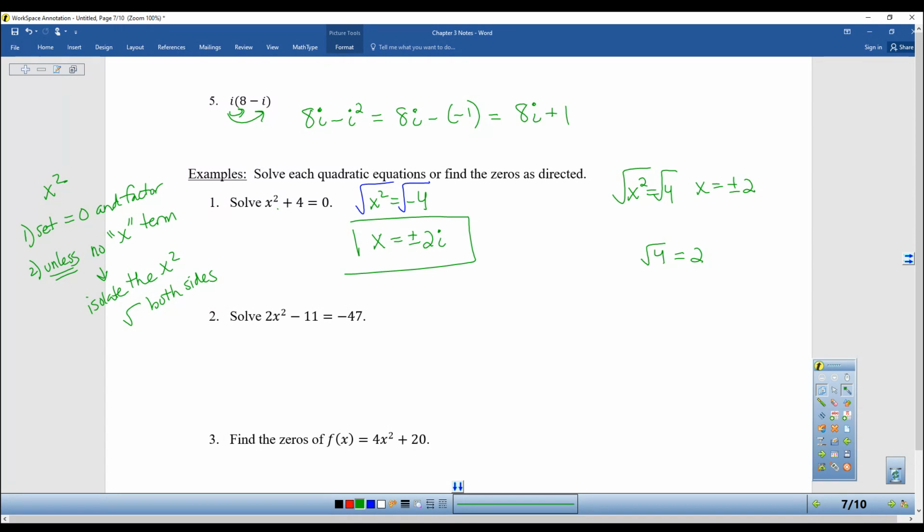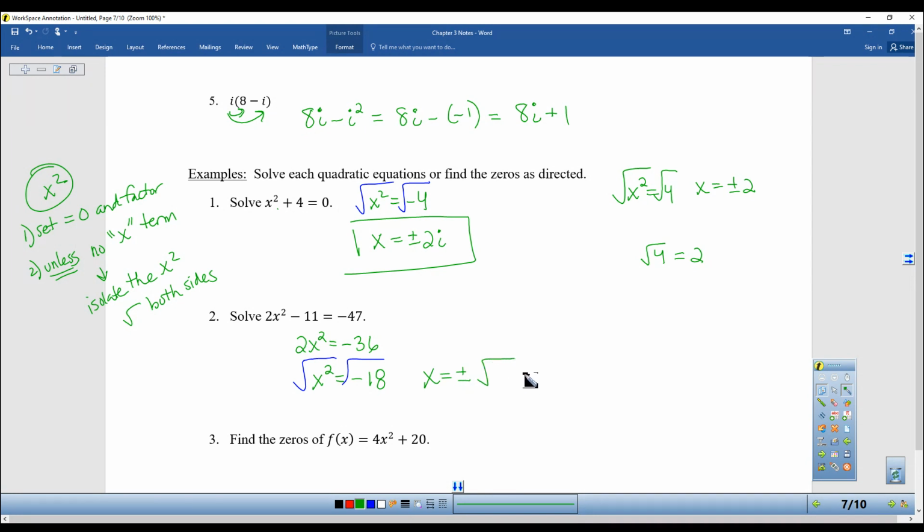All right, I see an x squared, and I don't see an x term, so I can do this again. 2x squared is equal to -36 by adding 11 to both sides. I divide both sides by 2, and then I take the square root of both sides. Don't forget that that's always going to produce a plus or a minus.